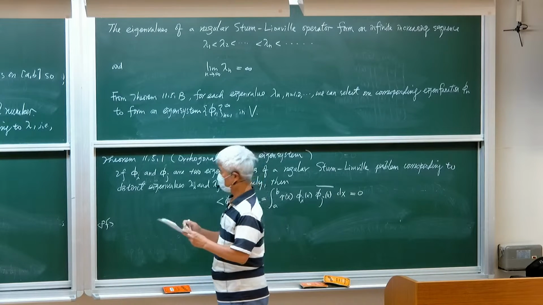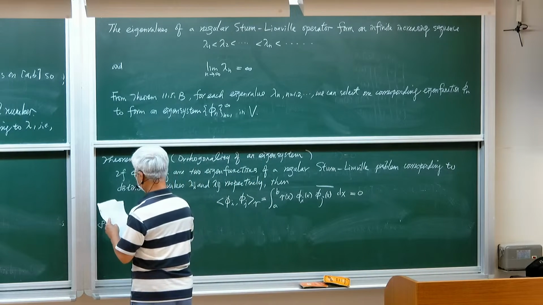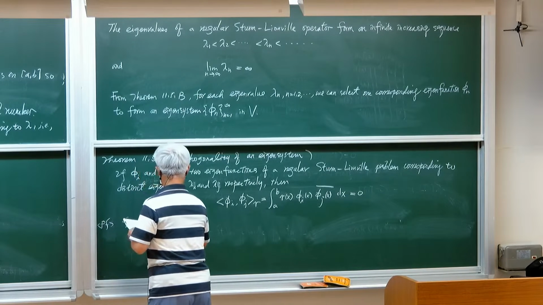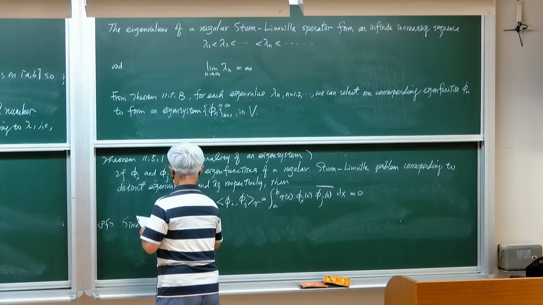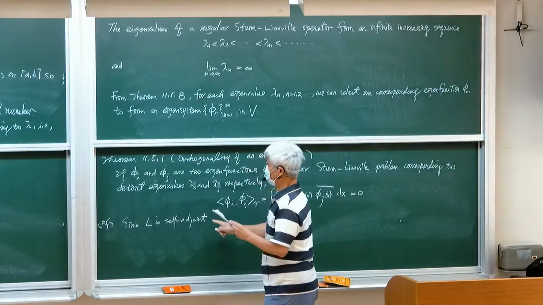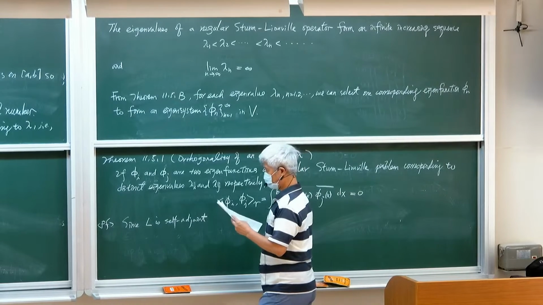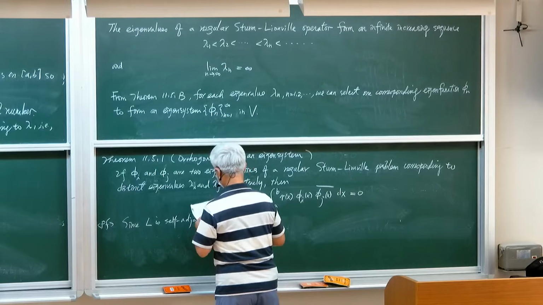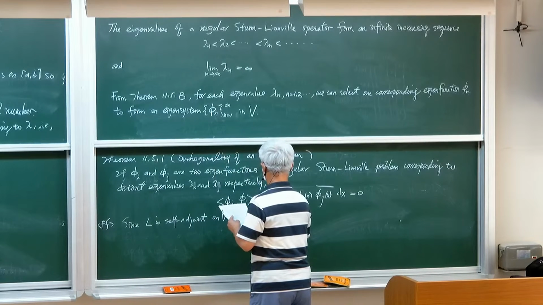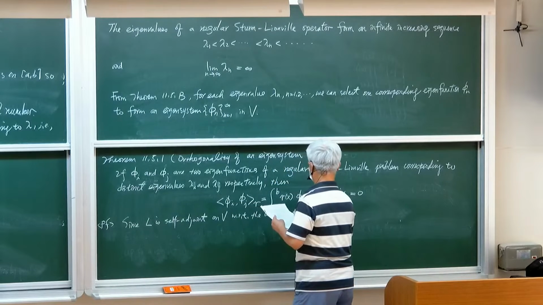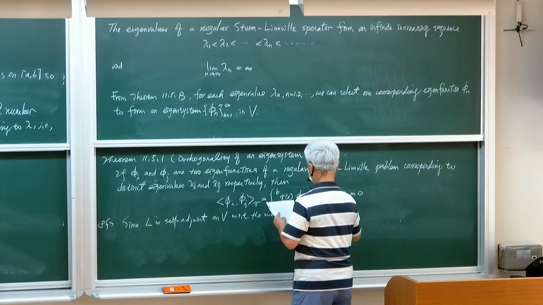But you can see that since L is self-adjoint, it is a consequence of theorem 11.5.8 on V with respect to the weighting function r of x.